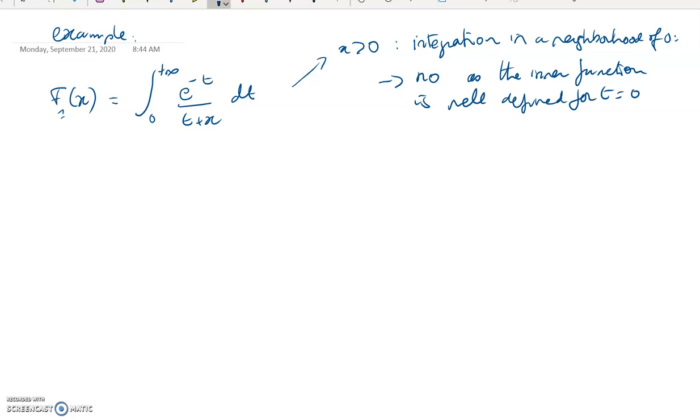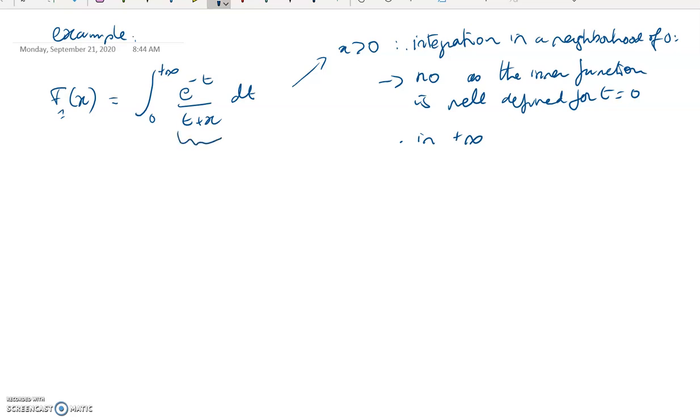Now, do we have a problem at infinity? As the interval is infinite, we still have to study that, so in a neighborhood of plus infinity. I remind you that we're studying this for the variable t, because it's the variable of integration. So what is our function? We could give that a name.